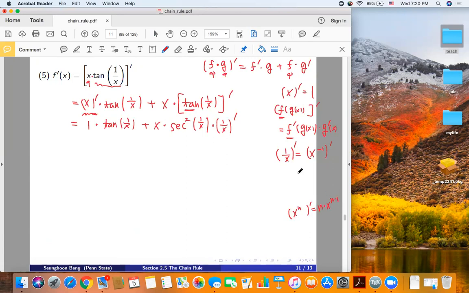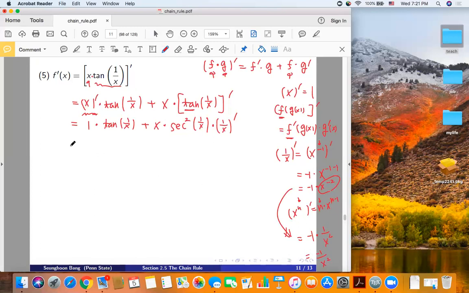So the negative 1 comes down, minus 1 times x to the minus 1 minus 1. We have negative 1 times x to the negative 2. You can change x to the negative 2 to the positive exponent, 1 over x squared. So the answer is minus 1 over x squared.